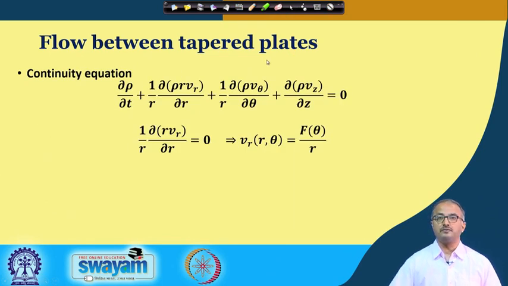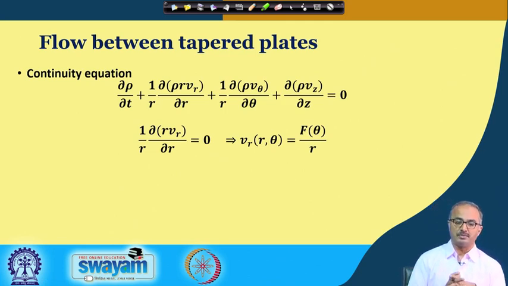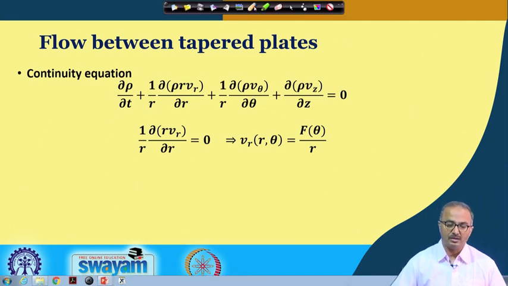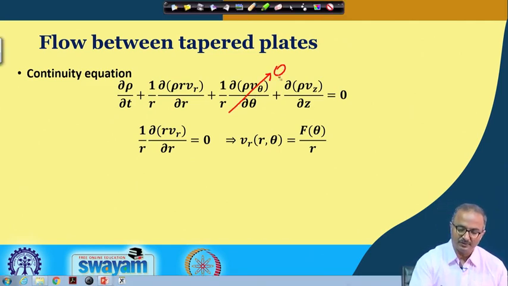Here we first go with the continuity equation, because we always know that mass balance has to be maintained. Now in the rest of this particular problem, we shall be sticking to the cylindrical coordinate system. In the continuity equation here, we are assuming there is no variation with respect to theta and z, so these two terms are taken to be 0.